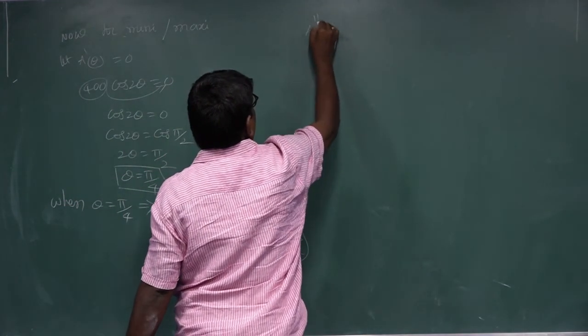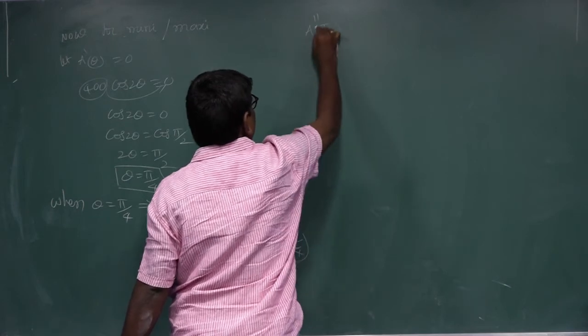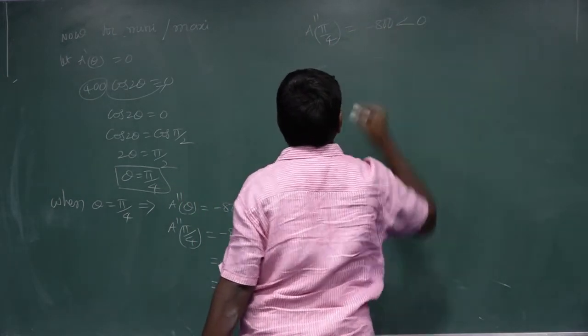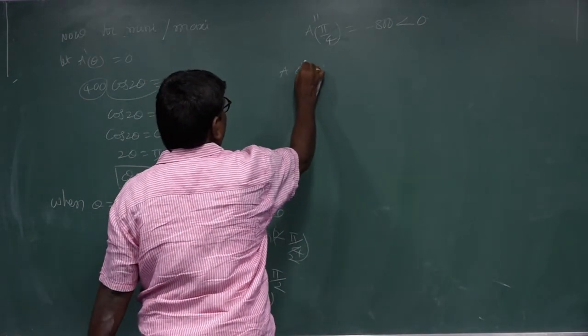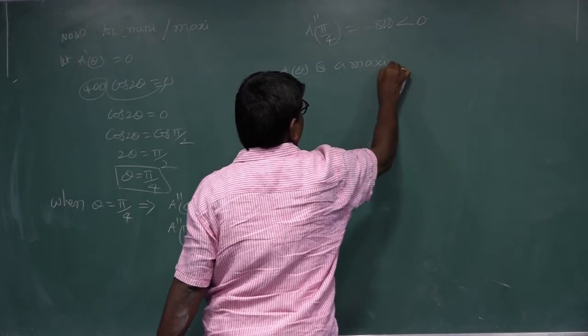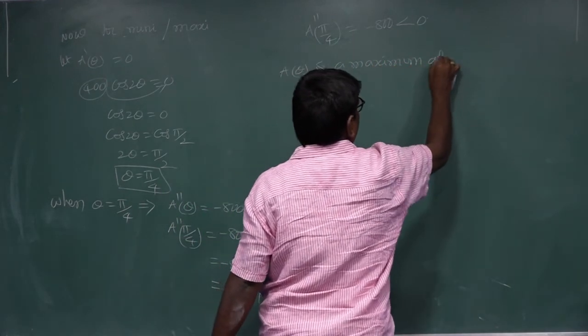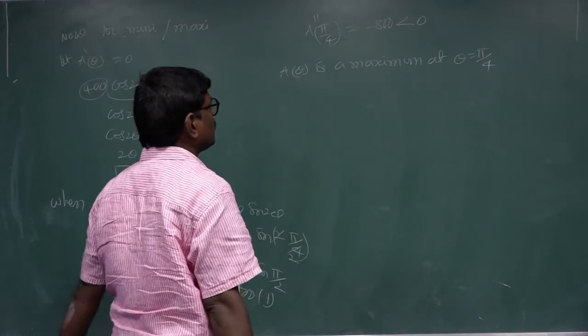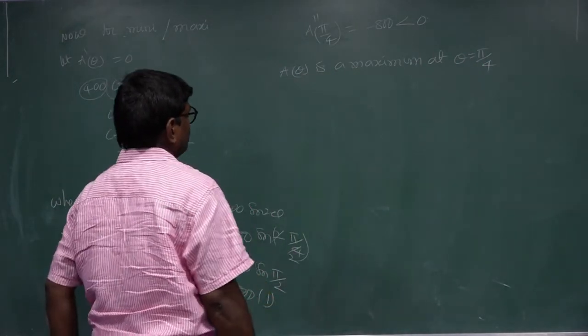A double dash pi by 4 equal to minus 800, less than 0. So A of theta is maximum at theta equal to pi by 4.